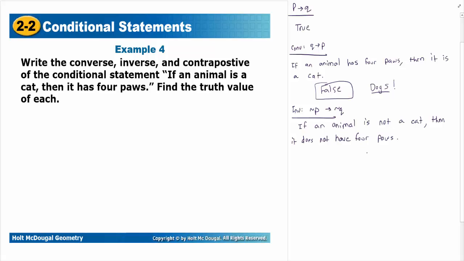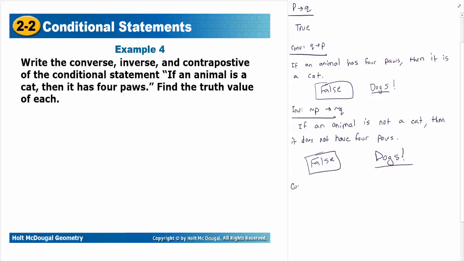Again, I can use the same counterexample on this. Dogs. Okay, because they're saying if an animal's not a cat, it can't have 4 paws. That means nothing can have 4 paws except cats. Well, no, dogs have 4 paws, and they're not cats.